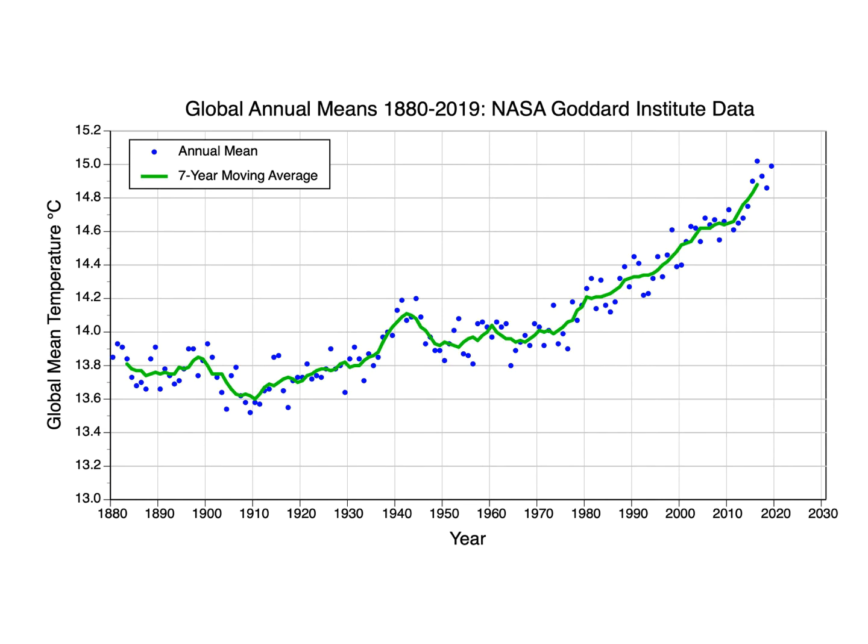That hiatus period between mid-1940s and mid-1970s, we know what caused that. It was related to changes in the dynamics between the Pacific Ocean and the atmosphere in terms of how it exchanges heat.